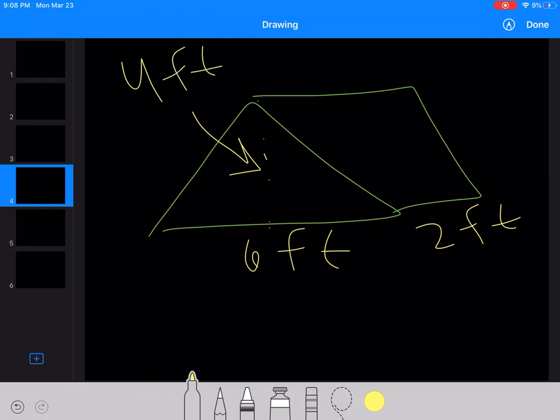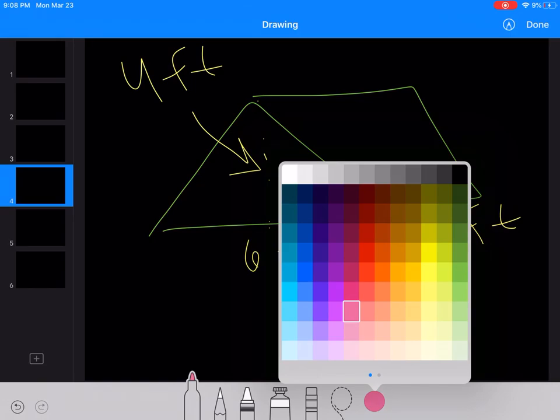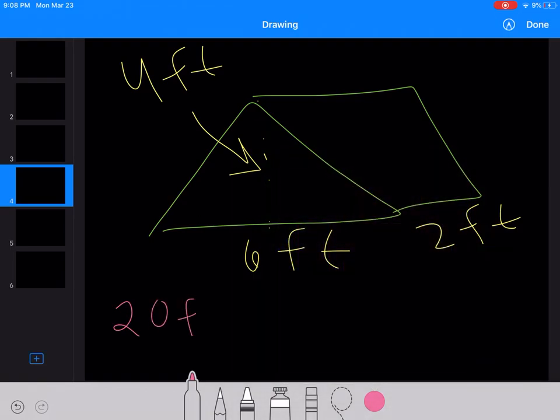And the question is, can we fit 20 feet cubed of dirt in the prism?